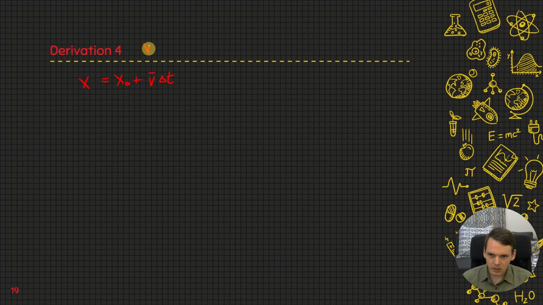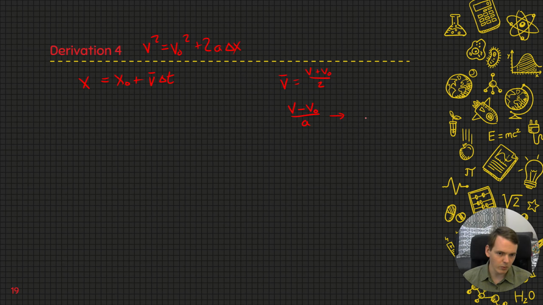And our goal here is to get to the equation v squared equals v naught squared plus 2a delta x. So if we have this initial, we're going to use some substitutions. We already said that v bar is v plus v naught over 2 if the acceleration is constant. And we're going to use the substitution that delta t is equal to v minus v naught over a.